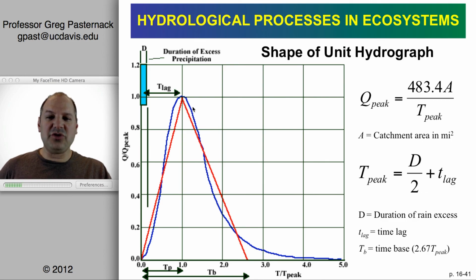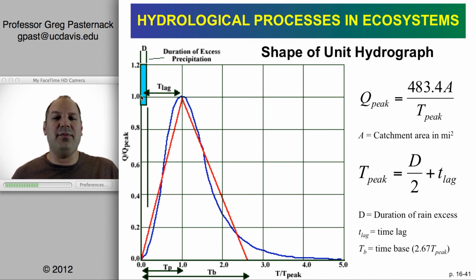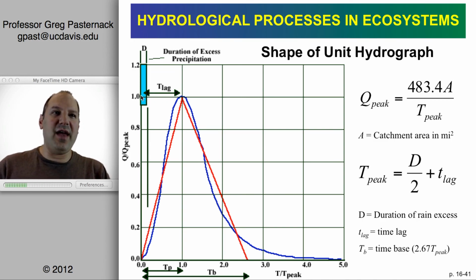Okay, and so with this triangle, the variables that matter are the time lag, which is shown here. The time lag is from the beginning of excess precipitation that's actually running off after initial abstractions are done until the peak. That's how the time lag is being represented here. And then we have the actual peak.